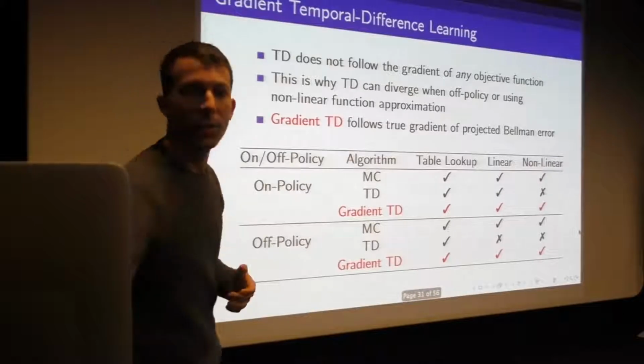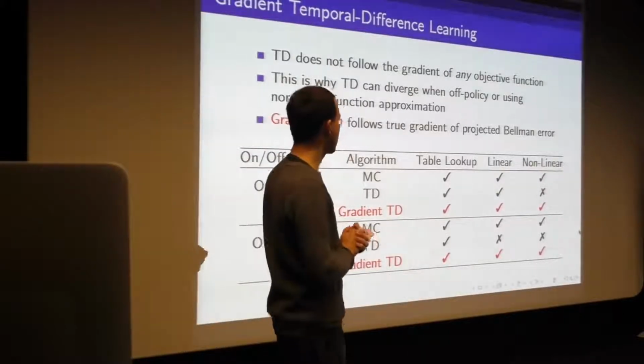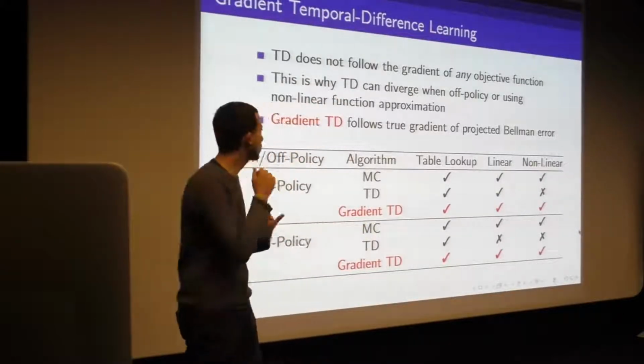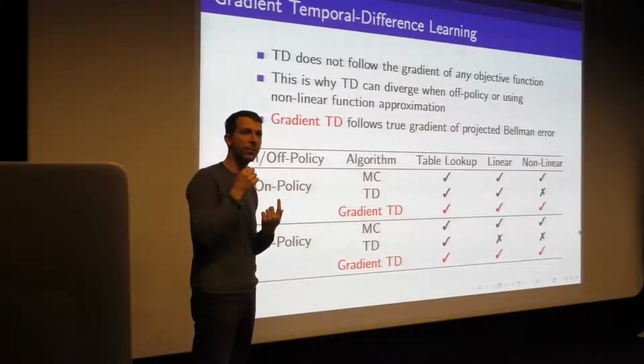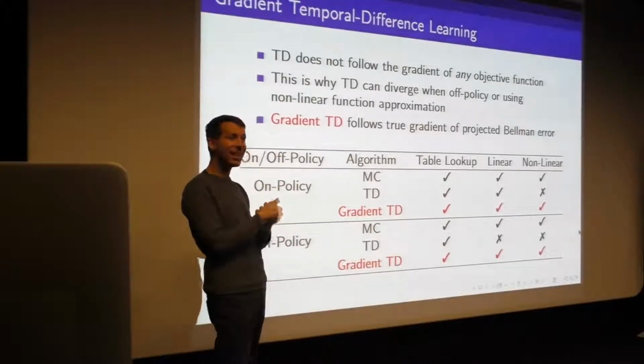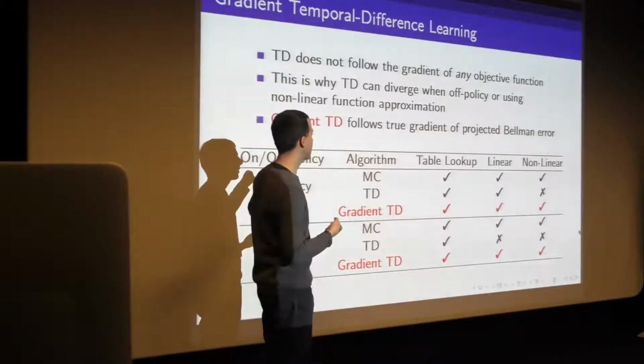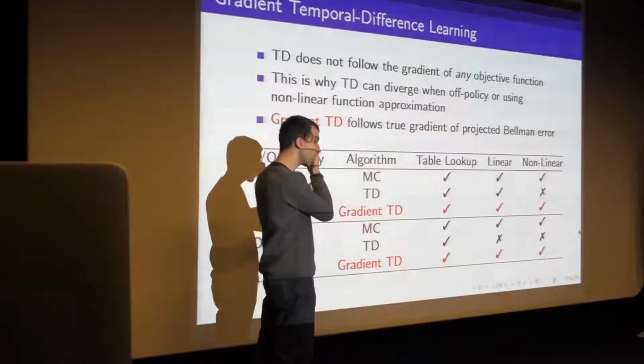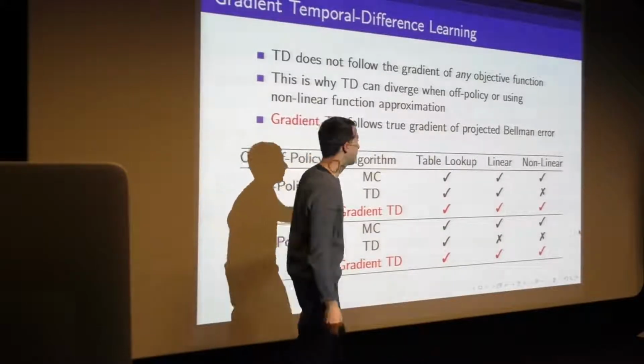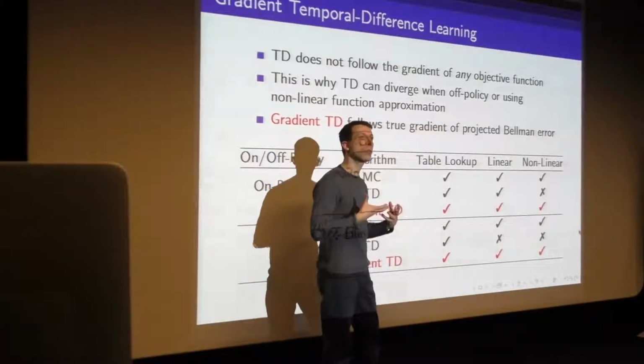And I just want to mention some more recent methods. So methods such as gradient TD. Also, in the last few months, there's another method called emphatic TD. These are methods which fix the issues that the TD algorithm has when it bootstraps. And we can see that, for example, gradient TD, this is a true gradient descent approach.